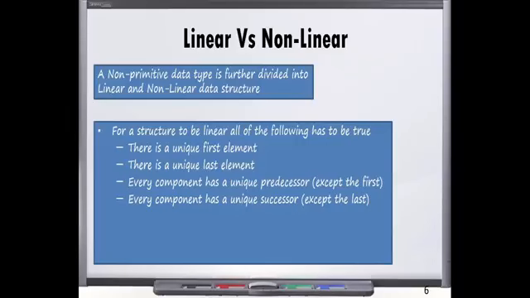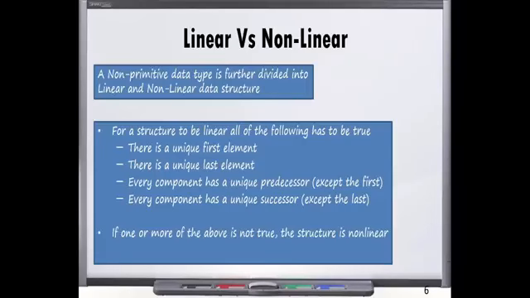What it means is, in a collection of data, there should be a unique first element, a unique last element, there should exist an element before an element, and there should exist an element after an element. These last two rules do not act upon the first element and the last element. So if any structure is following these four rules, then that structure is a linear data structure.